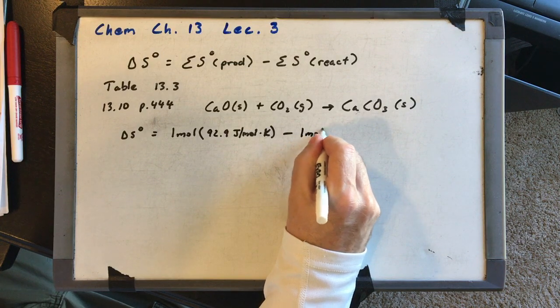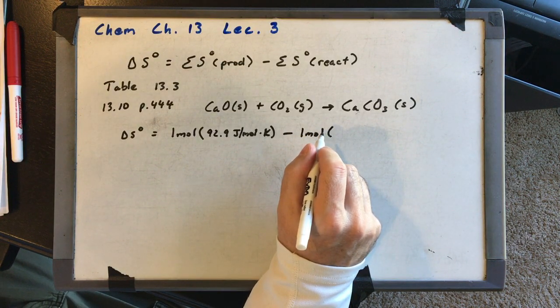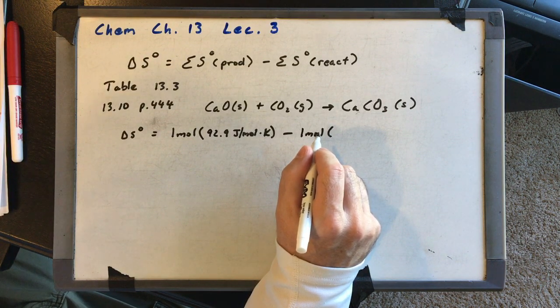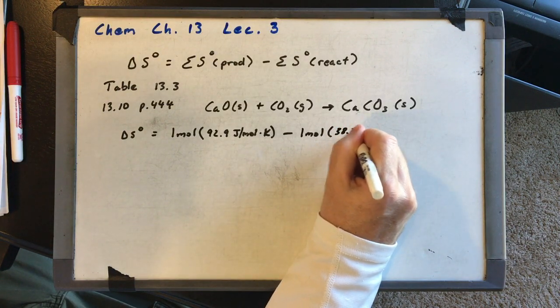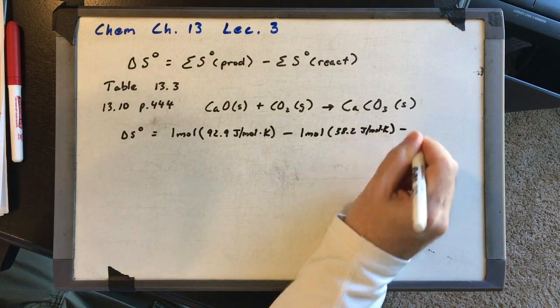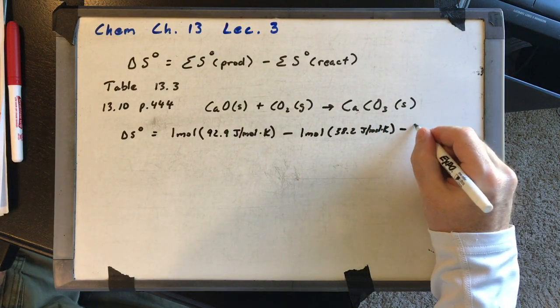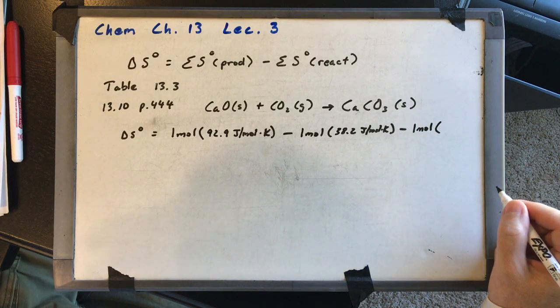So 1 mole CaO solid is in the second column of substances at the bottom. That's 38.2. And then we're going to subtract out the second reactant, 1 mole of CO2 gas.